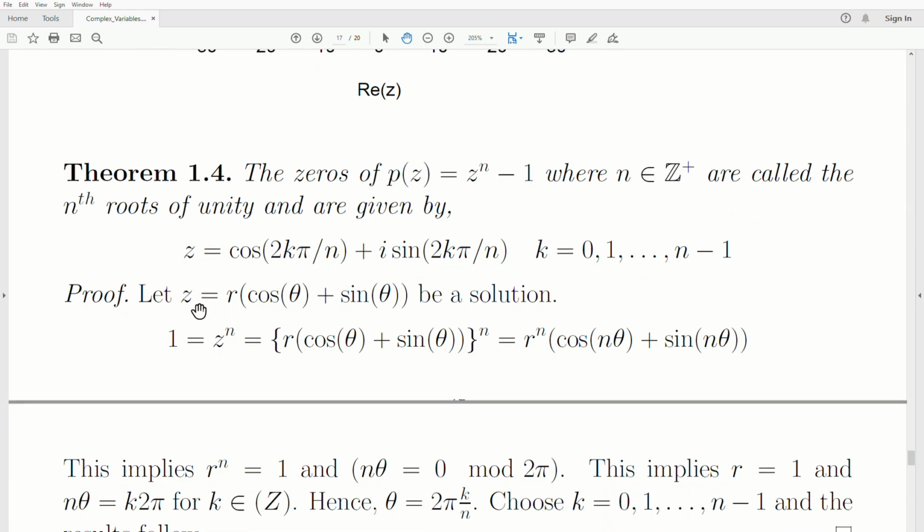But let's prove it. So let z, in polar form, have some radius, and assume it's a solution to this. So z to the n equals 1, where z to the n is this raised to the nth, but that is, according to De Moivre's Theorem, r to the n cosine of n theta plus i sine of n theta. I missed an i right there, dang it.